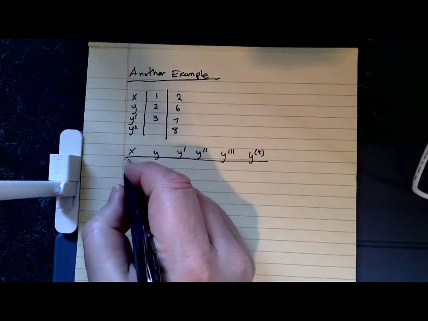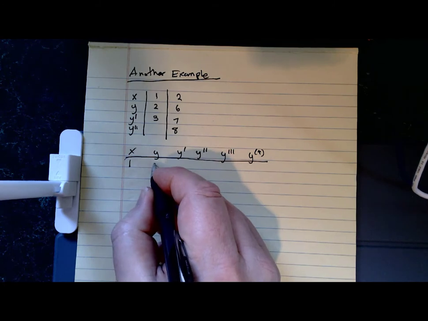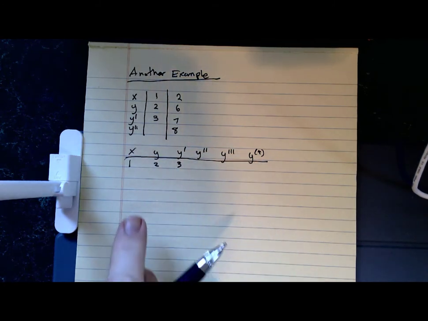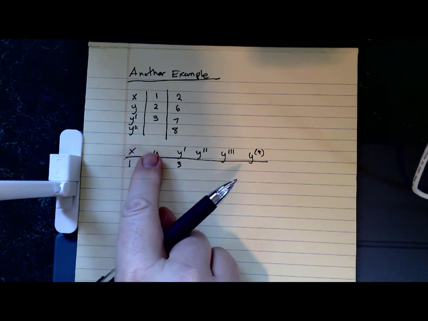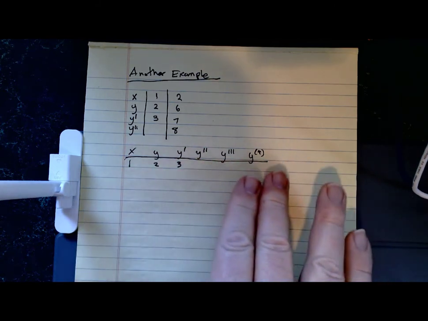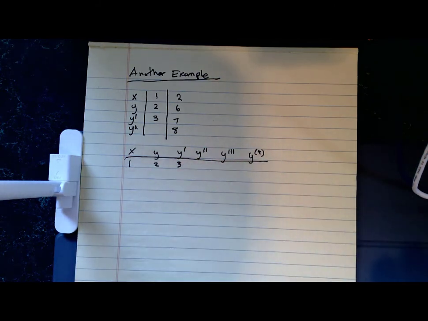The first line, I'll have 1, 2, 3, and notice how I've written my derivatives out along the top. I'm of the opinion that this will help you think about it as like a Taylor polynomial, and that will help you remember a lot of the things that you need to do.